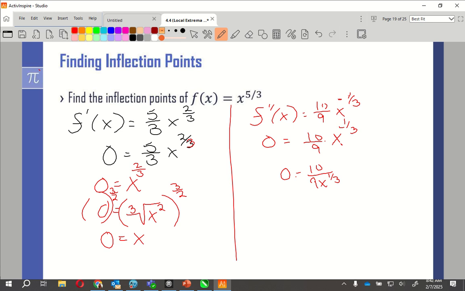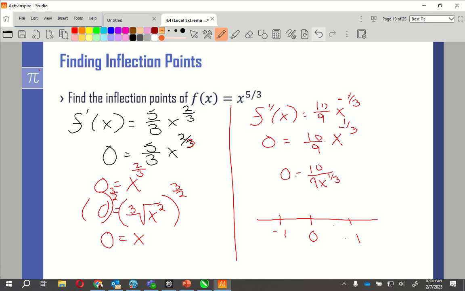What can I use now to actually check my concavity there? Can I go back to first derivative? Yes, you can. Because we have first derivative. If I do first derivative, just plug in numbers that I had. Plug in numbers to see what my slope is on either side.